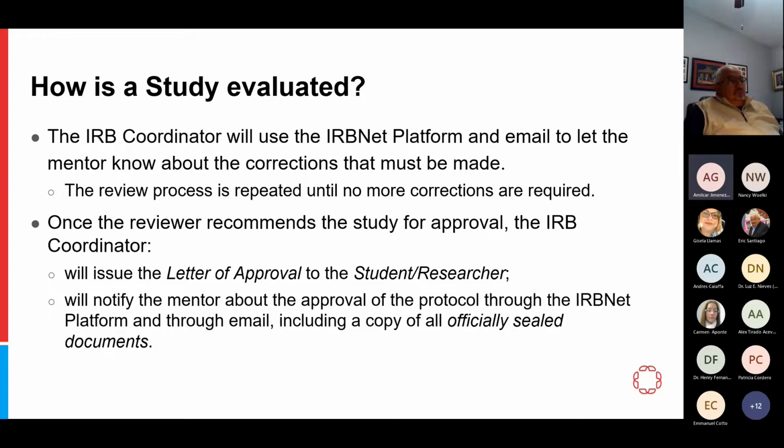And will notify the mentor about the approval of the protocol and will include, in an email, a copy of the officially sealed documents. This is very important for you to have them. Why? Because once you finish the project and you put everything together, you have to include these sealed documents within that packet.